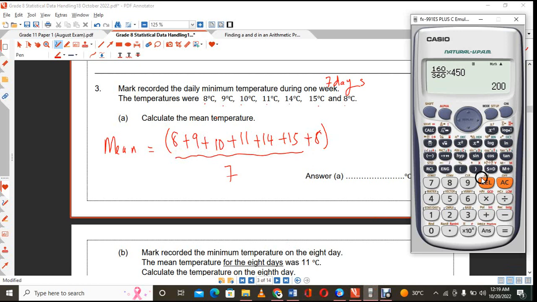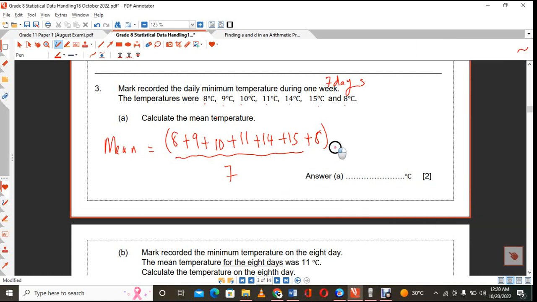Okay, let's see what it is. Okay, so it's going to be 8 plus 9 plus 10 plus 11 plus 14 plus 15 plus 8, and we're going to divide that all by 7. So you get 75 over 7.